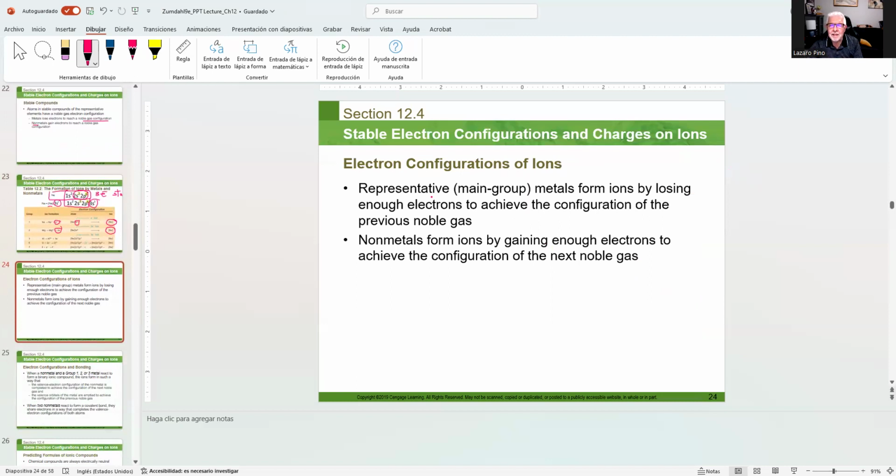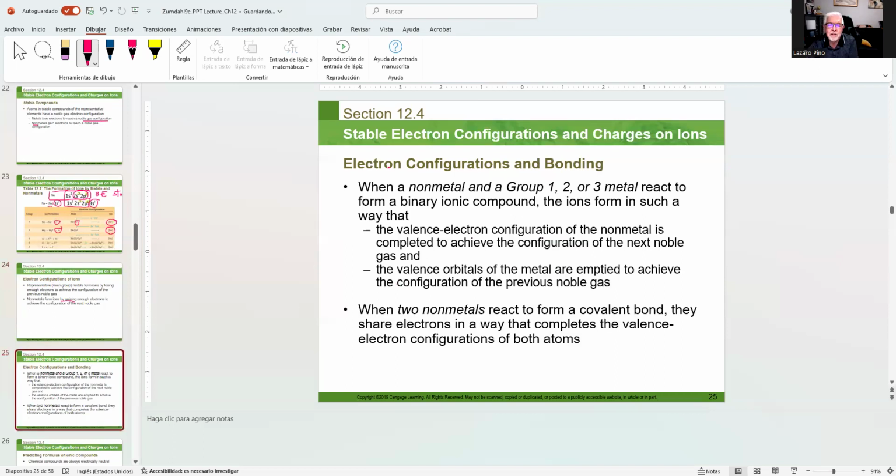The representative main group metals form ions by losing enough electrons to achieve the configuration of the previous noble gas, while nonmetals form ions by gaining enough electrons to achieve the configuration of the next noble gas.